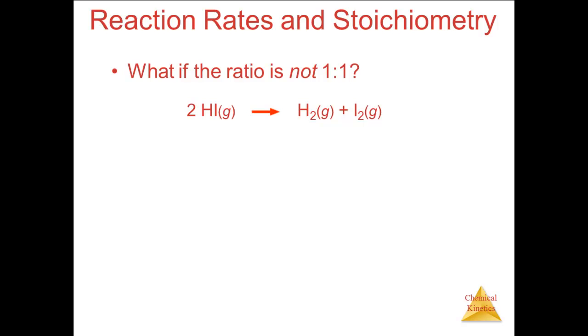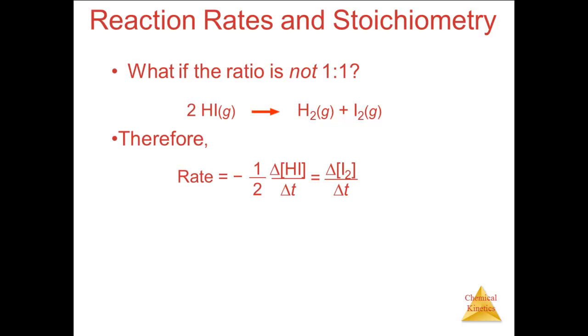So, if we were to measure the rate of the reaction using HI, we would get a number twice as big as if we were to measure the rate using I2. To make the two rates equal, we would need to either double the rate using I2 or multiply the rate using HI by 1/2. Because the 2 in the fraction is the coefficient of HI, we choose the second method.